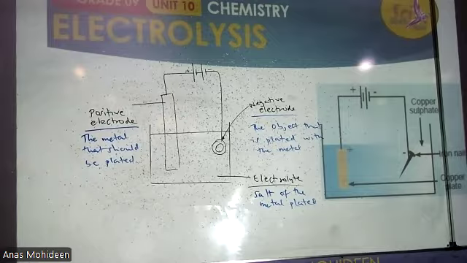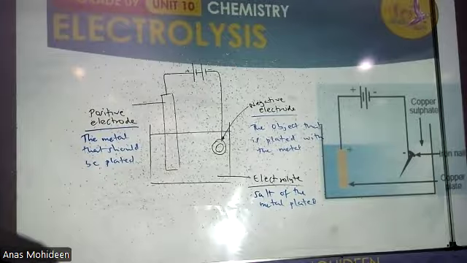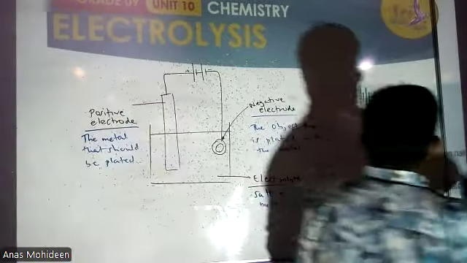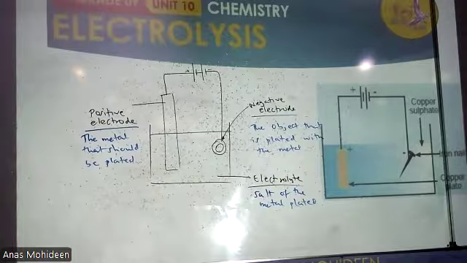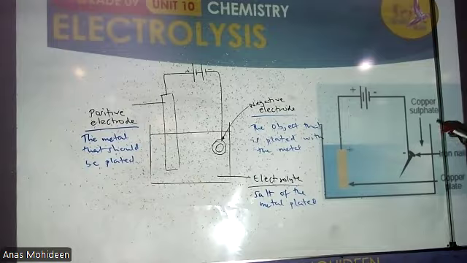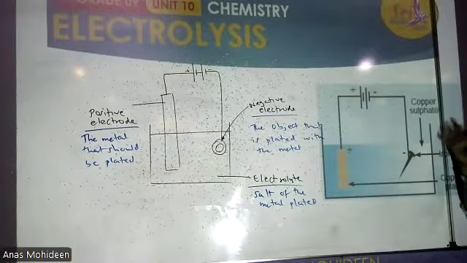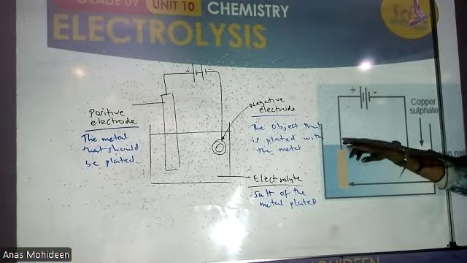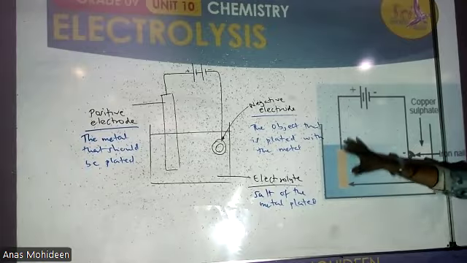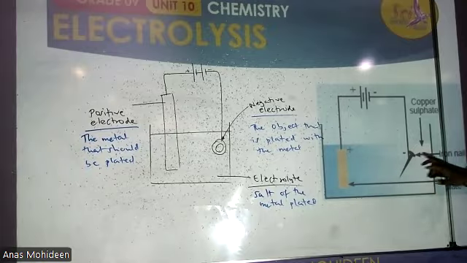The solution is copper sulfate. Copper sulfate solution means copper should be the electroplating metal here. So this metal is what we are going to plate on an iron nail.